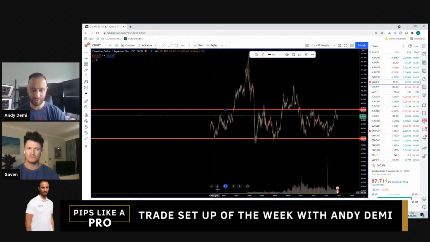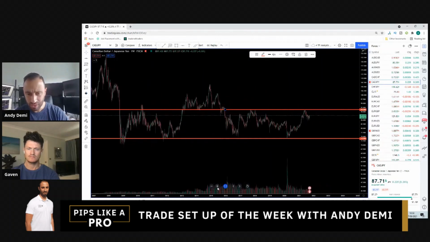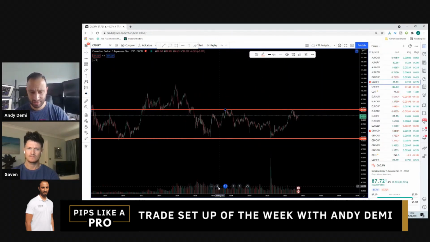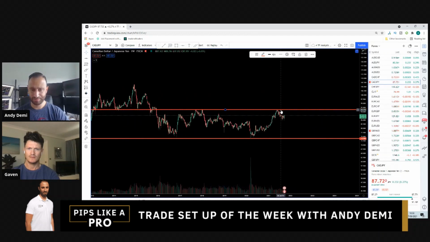If you look at what's happened, we've recently gone up to resistance, held there, and now we're pushing back up. In the past, it went to resistance, went down, pushed back up to resistance, and eventually went down to this support area.